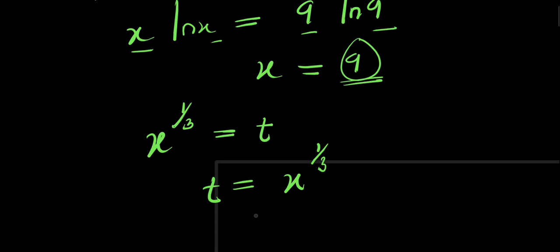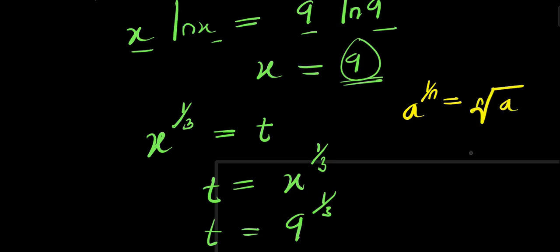And our x is 9, so we have t equals 9 power 1 over 3. And if you have a power 1 over n, this equals the nth root of a. So this is the cube root of 9. Alright, so that is that.